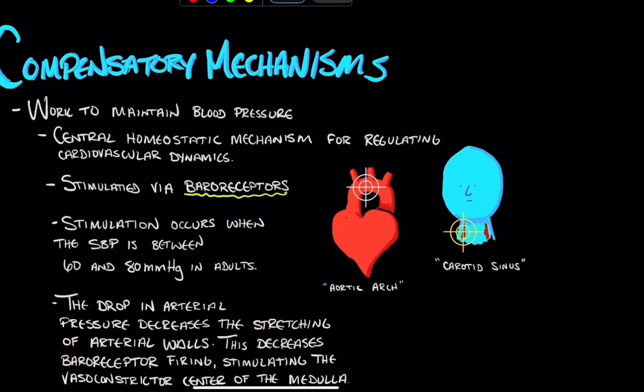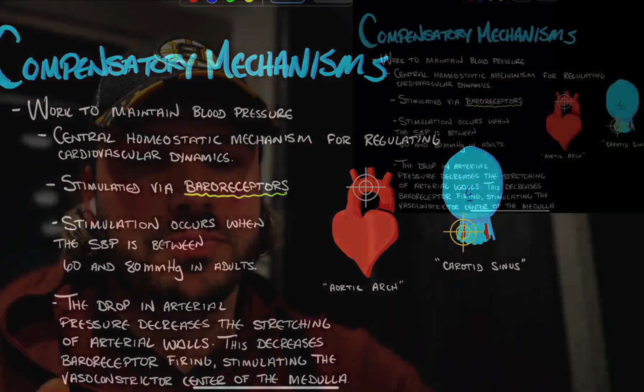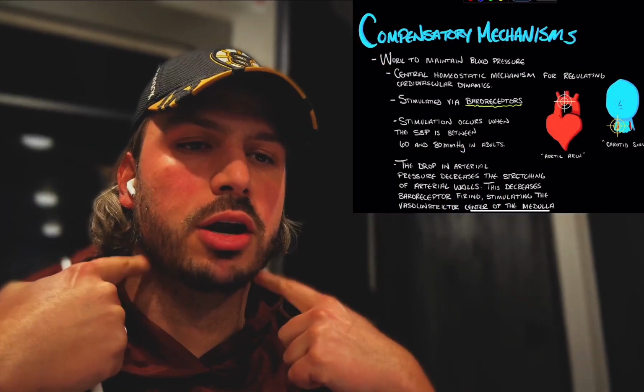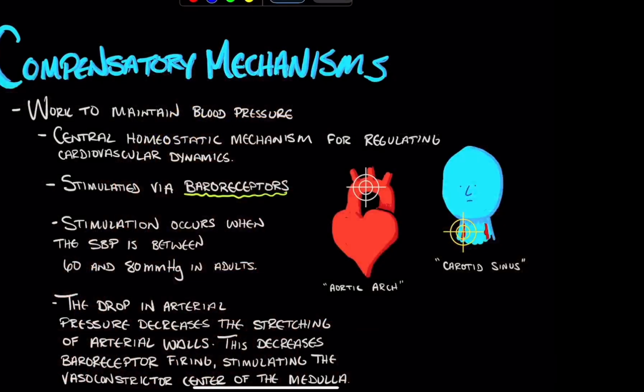The two big ones that the body uses are in the aortic arch of the heart, which would be right there, and then in the carotid sinuses in your neck. I'm pointing to my neck, but where your carotid arteries run. And you can see my little drawings there. The way these baroreceptors work is they sense the stretch of the artery that they're housed in.